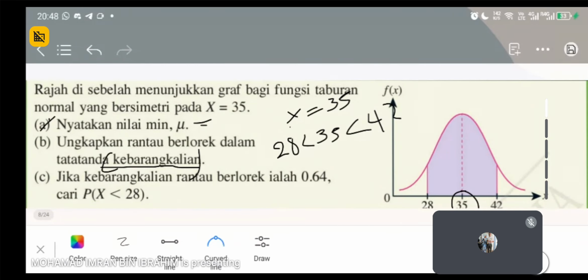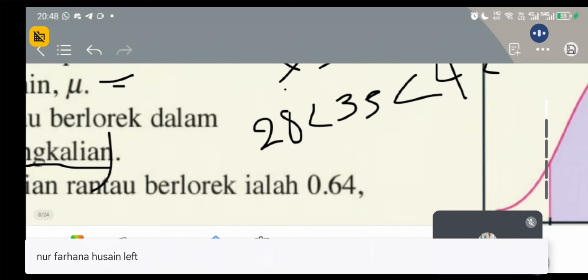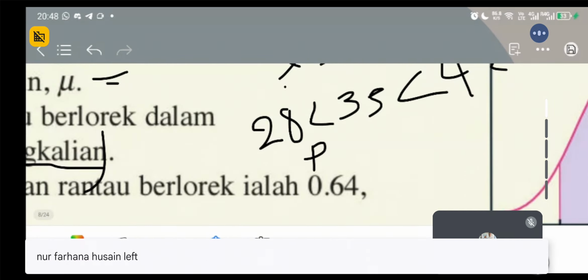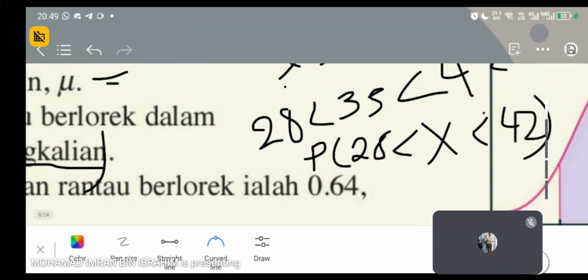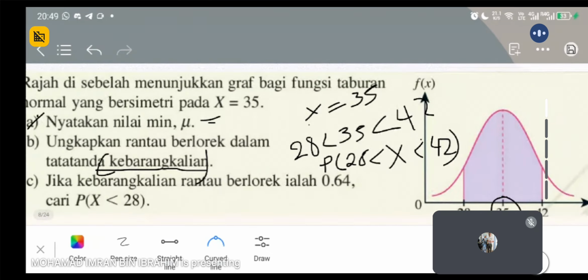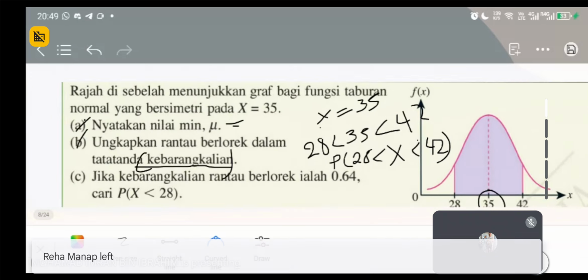We'll use the formula that they give, which is P, 28 less than X, less than 42. So that is the answer for the C.